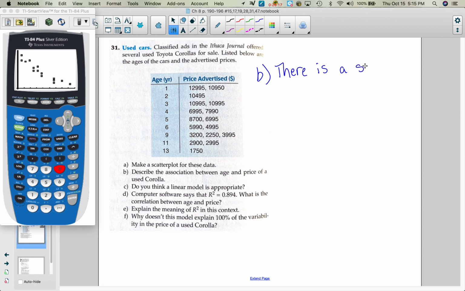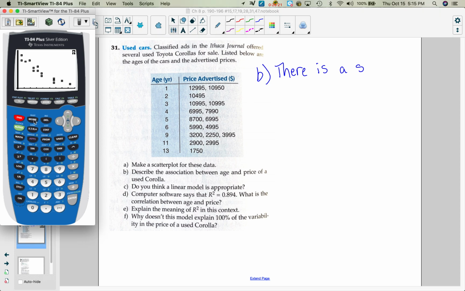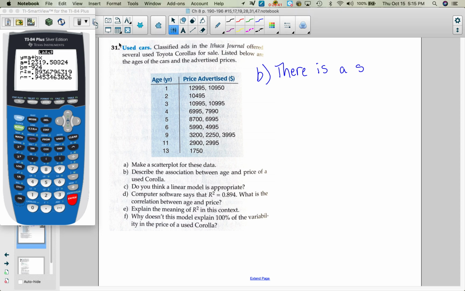Actually, let's calculate this. Let's do STAT CALC number 8, L1, L2. I'm going to store my regression equation in Y1 and calculate. Okay, so now I can see this.